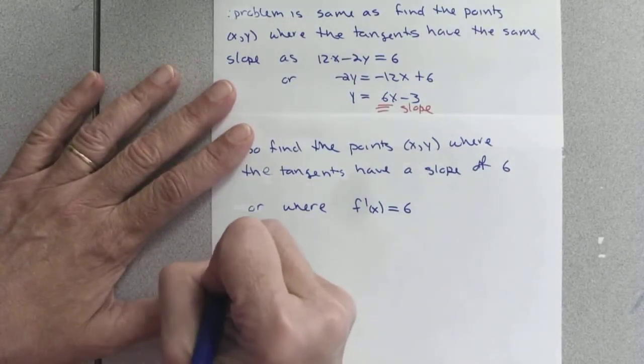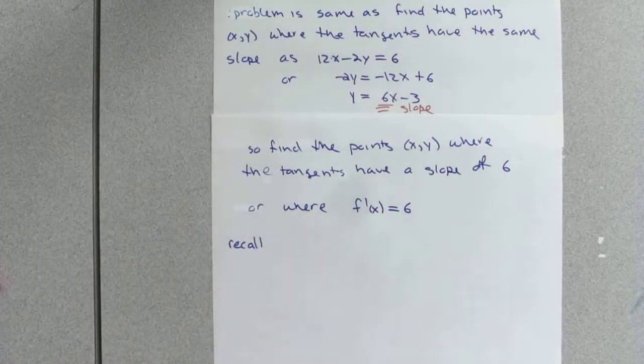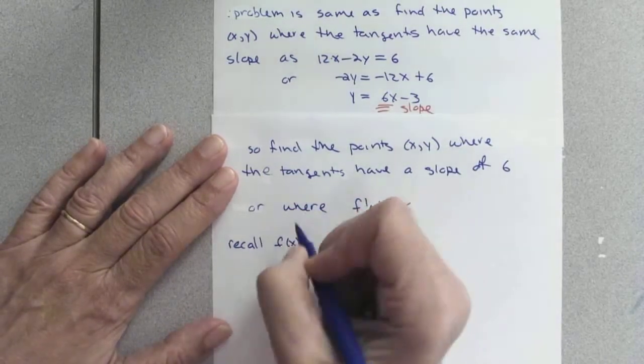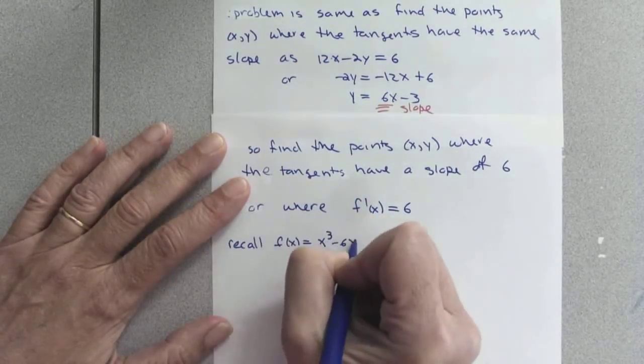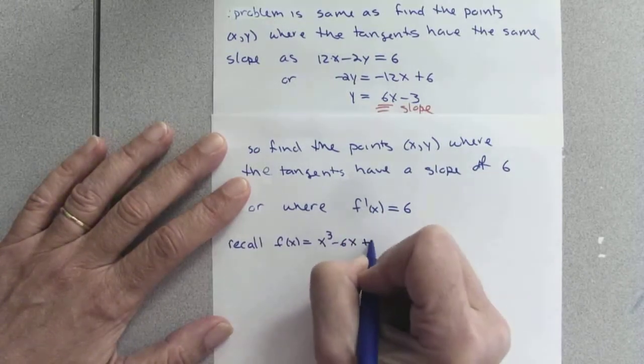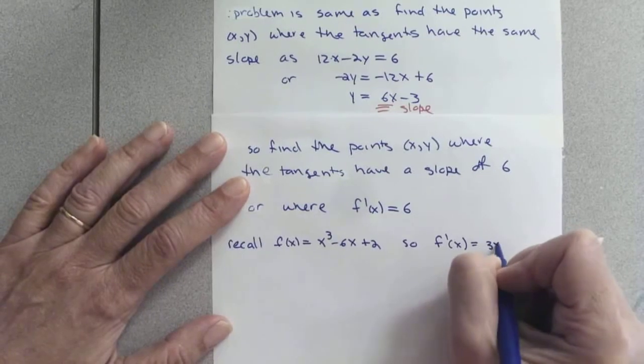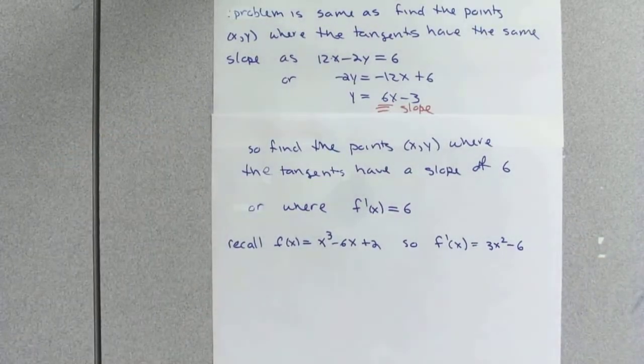So let's recall that this was the problem we were working with, that f of x was x cubed minus 6x plus 2. So f prime of x was 3x squared minus 6.